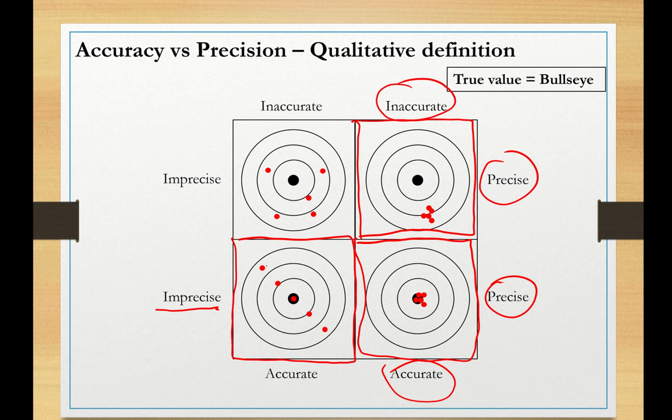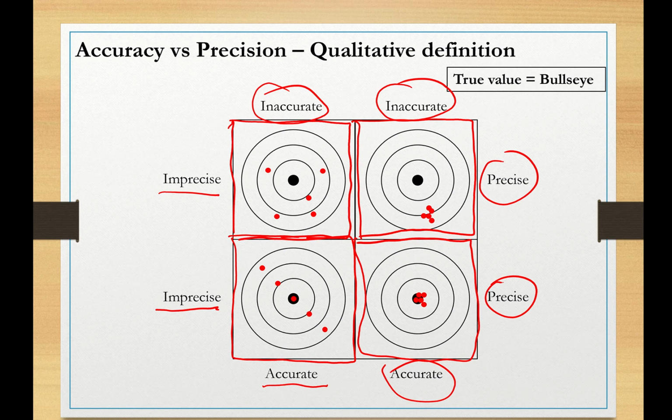But it just happened that when you take the average of these 5 values, the average value is equal to the true value, and therefore these measurements are classified as accurate. And of course, the top left panel shows measurements that are both imprecise and inaccurate. Inaccurate because their average value is not close to the true value.